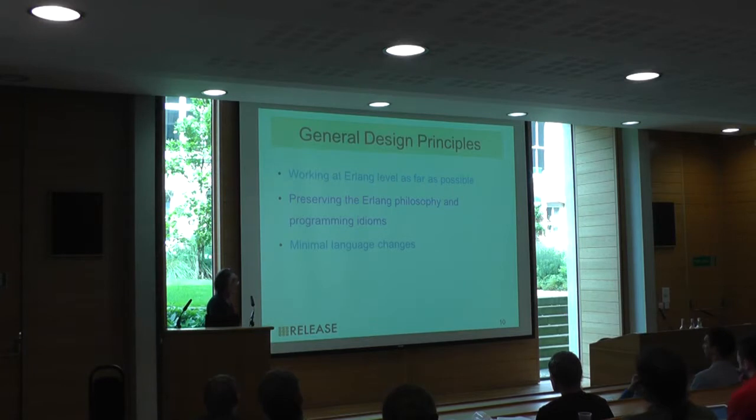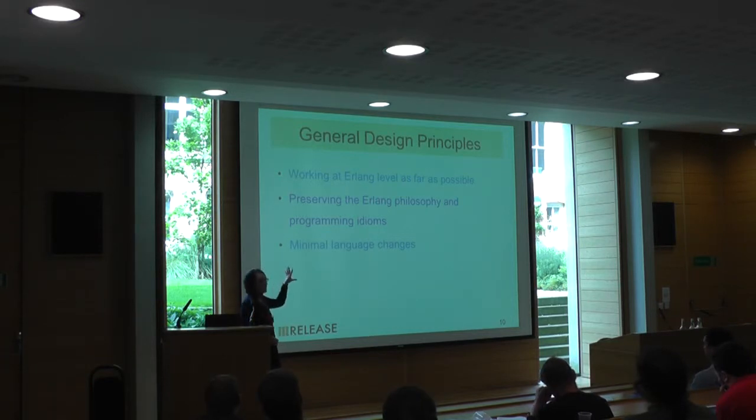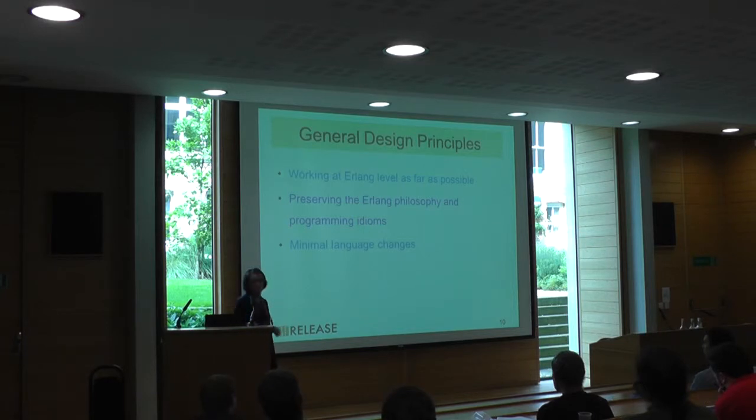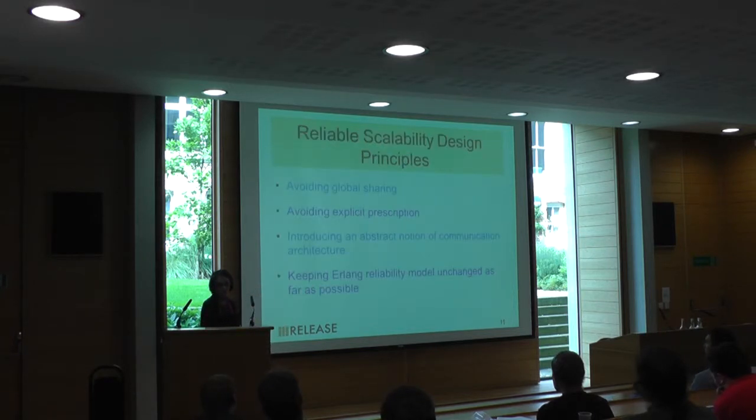And we have a number of principles that we agreed before we started to design the language. So these are general principles such as working on the Erlang level as far as possible, and preserving Erlang philosophy and idioms, not to make the language foreign to the programmers, and minimum language changes.